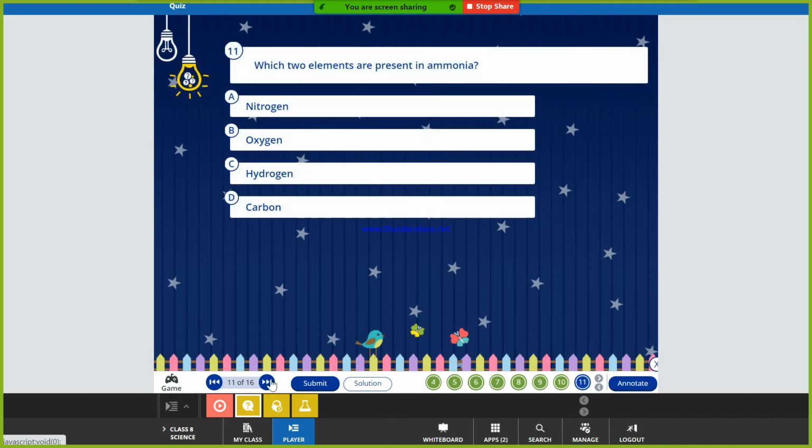Okay. Next question. Which two elements are present in ammonia? Option A, nitrogen. Option B, oxygen. Option C, hydrogen. Option D, carbon.